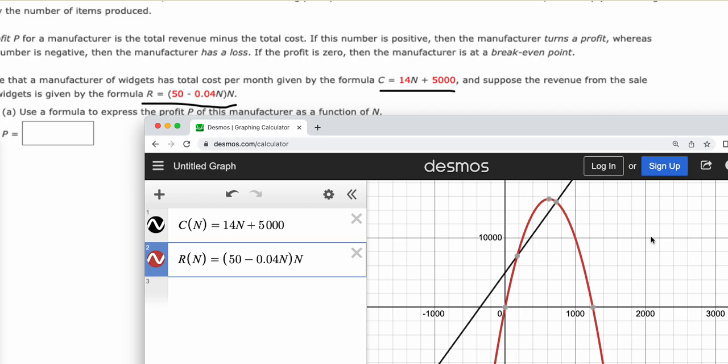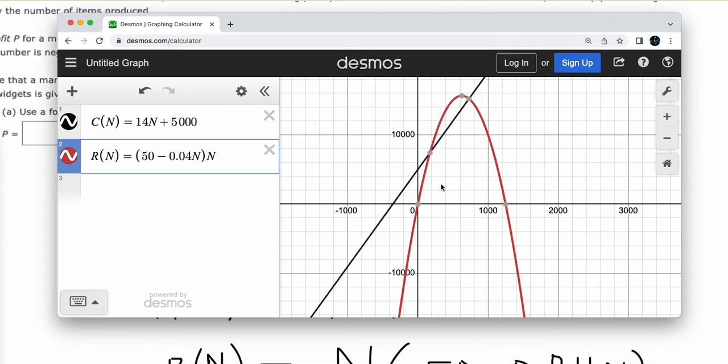What does this mean in terms of the business? It means that if they don't make any items, they won't make any revenue. They'll have no money coming in. If they make too many items, then people won't buy them. If they lower the price to 0, that's the most that they can possibly sell.